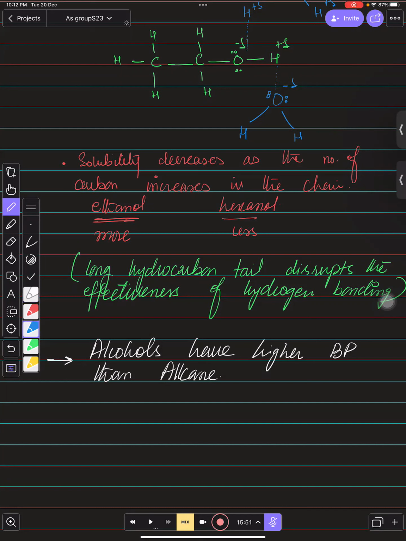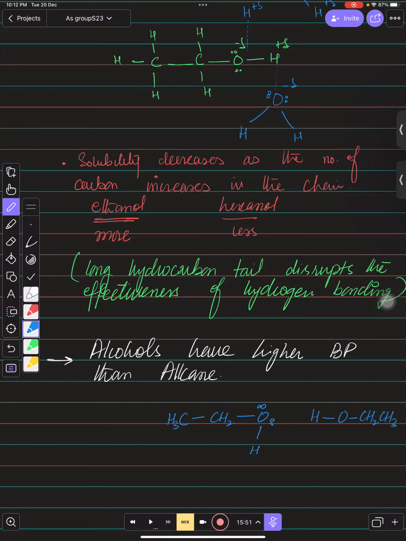Likewise, suppose you have an ethanol, CH3CH2OH, and this is another ethanol, right?